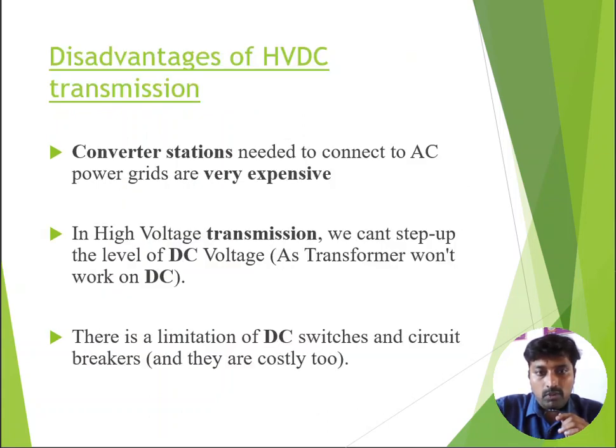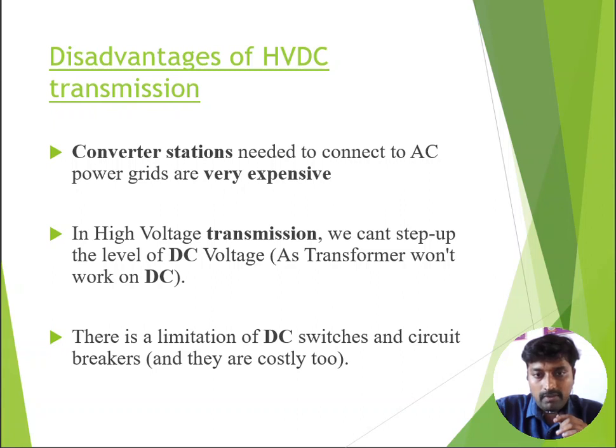Coming to the disadvantages of HVDC transmission, the generated power is always AC, and the distribution of power, or the requirement of the loads, mostly depends on AC. Only for transmission purposes we convert the AC supply into DC, and finally it is converted from DC back to AC.